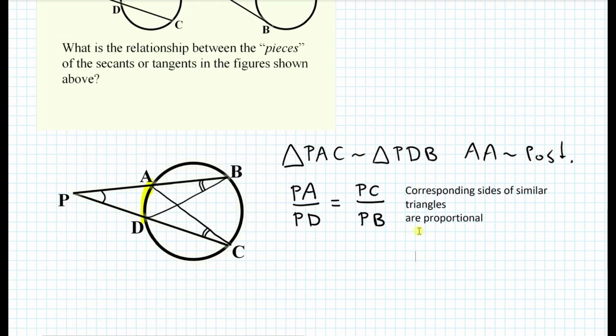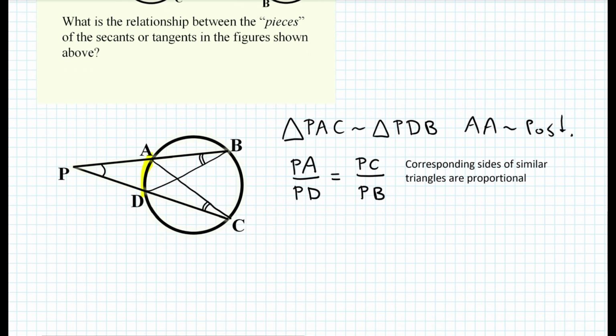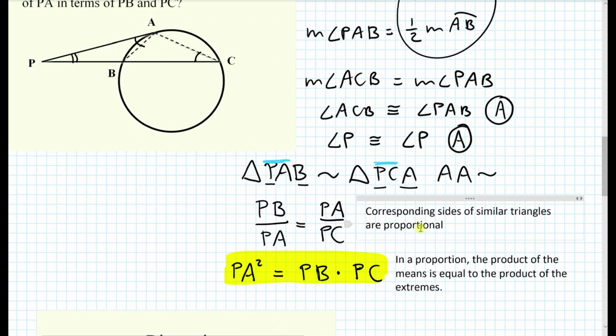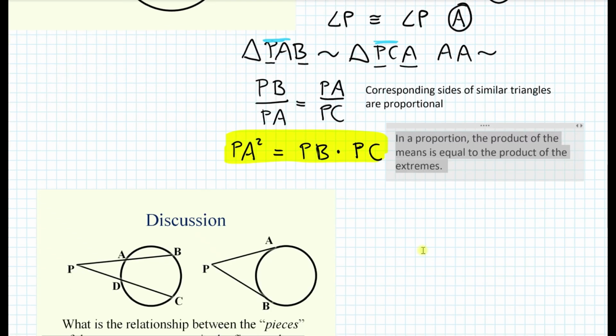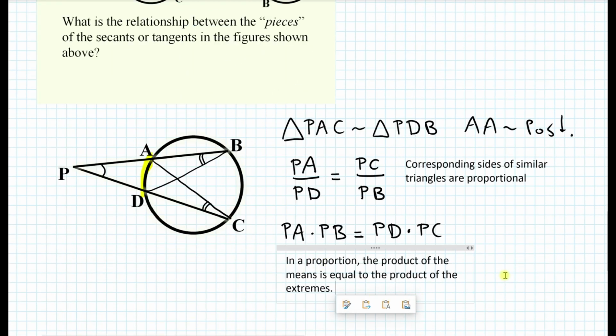So now we can cross multiply and state that PA times PB is equal to PD times PC. And that is the same reason as before: in a proportion, the product of the means is equal to the product of the extremes. So now we have a formula for the case when we have two secants. Let's look at the last case, when we have two tangents.